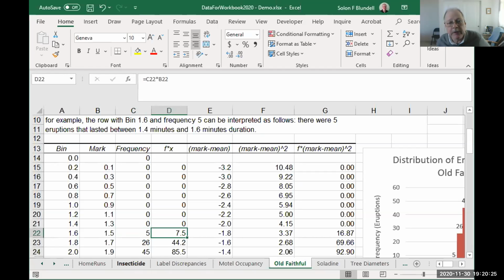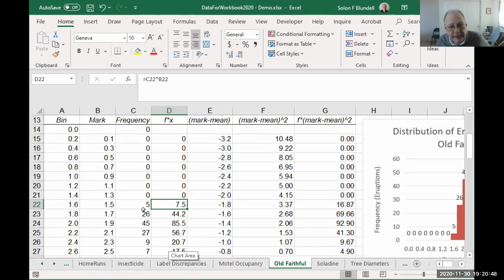Well, that's 7.5 minutes. So that's the sum of your first 5 eruptions. You take the frequency times the class mark, taking the F times the X. You get 7.5 minutes.